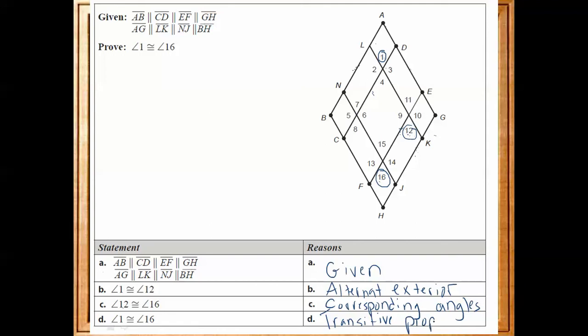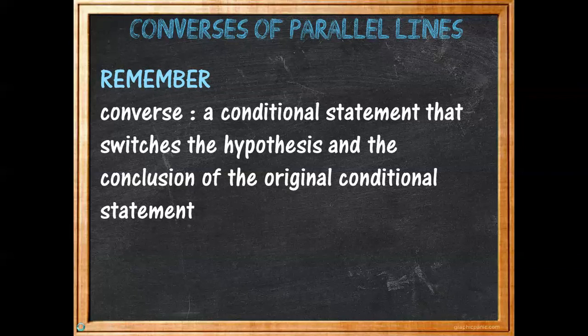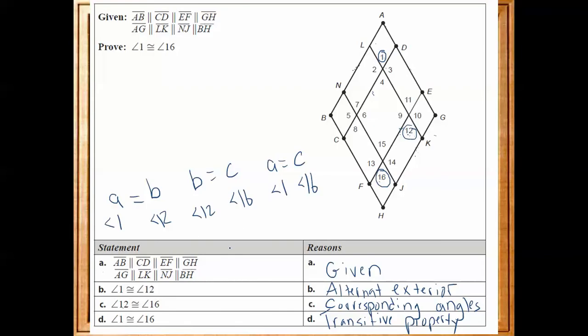Remember, the transitive property says that if A, in this case angle 1, equals B, which is angle 12, and B, which is angle 12, equals C, in this case angle 16, then we know that A equals C, which is angle 1 is equal to angle 16. And then you have proved your statement. And that is it. In the next lesson, we will talk about the converse of parallel lines.